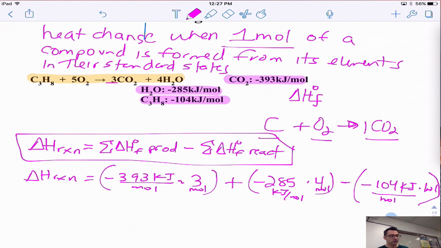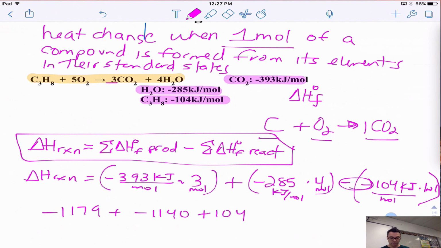And then notice there's no delta H for oxygen. And there's a good reason, because it is 0. Remember the heat of formation? It is for when a compound is formed. Since O2 is an element, it has a delta H of 0. So now if we plug these in, 393 times 3, we get negative 1179, plus 285 times 4, we get negative 1140, plus, because this is minus and minus here, so plus 104.